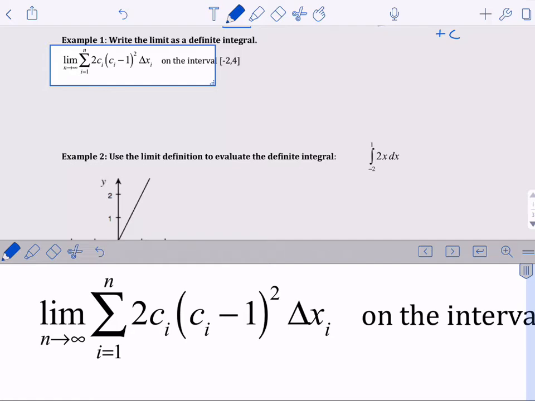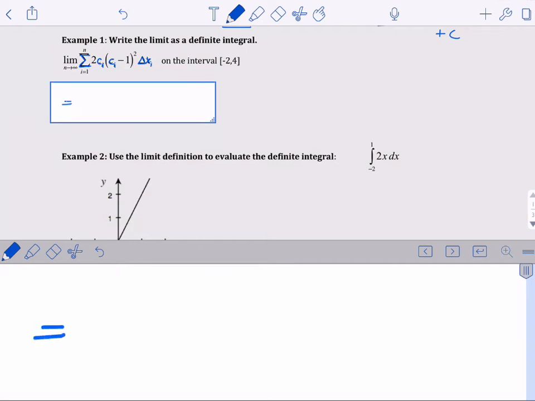So if we want to write this limit as a definite integral, we see right here the c sub i's and the delta x sub i's, and you see the summation and the limit as n approaches infinity. So all of this is going to become the definite integral.